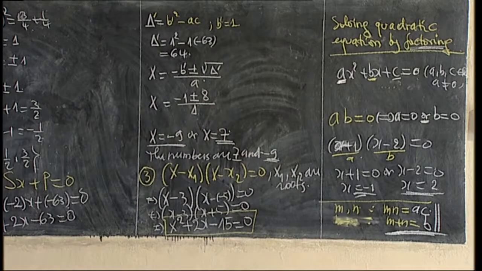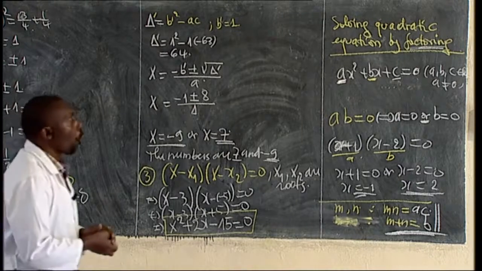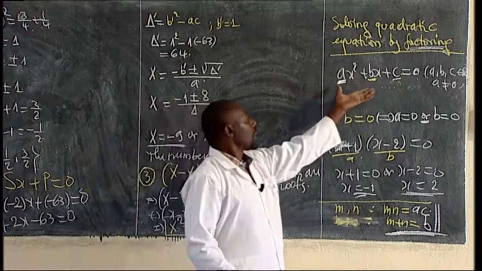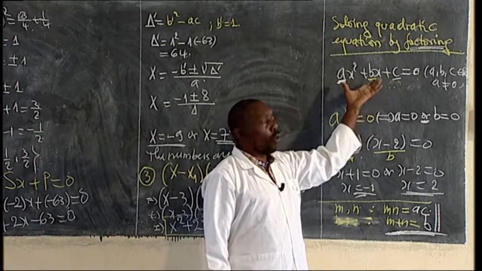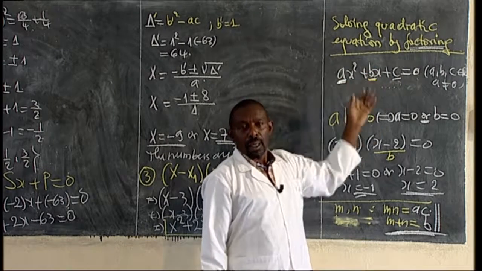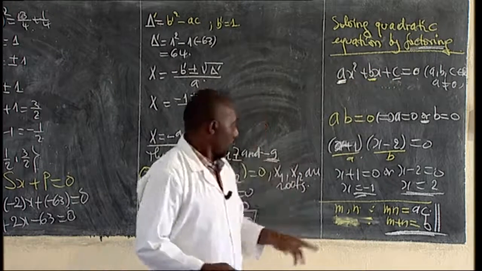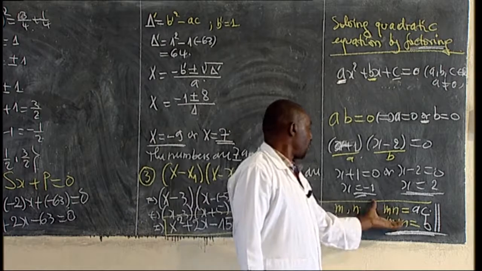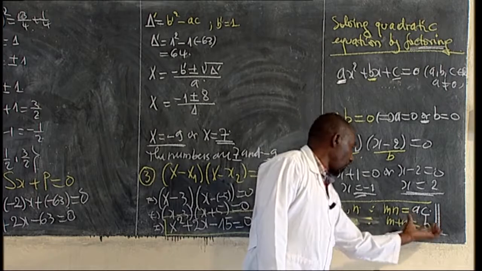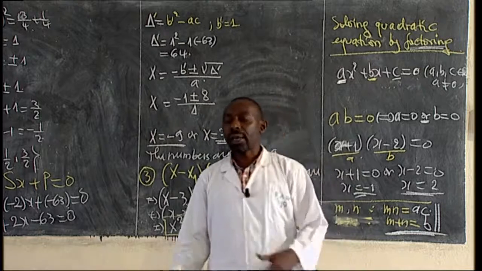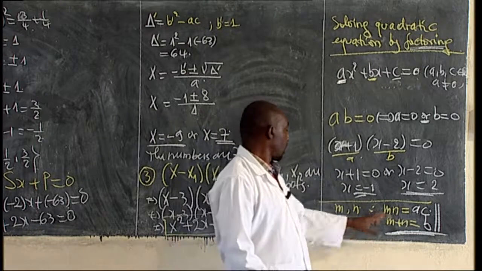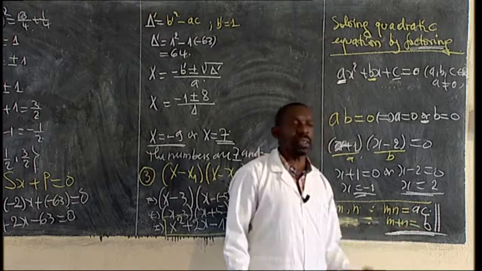We are going to continue with how that method works. First of all, we need to know whether this equation can be written into two factors. After getting two numbers, m and n, responding to these conditions, where A times C is the product and the sum is B, we can find the two numbers whose product is given and the sum is given.